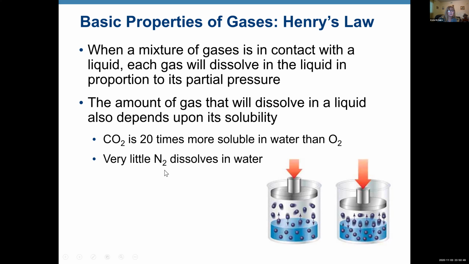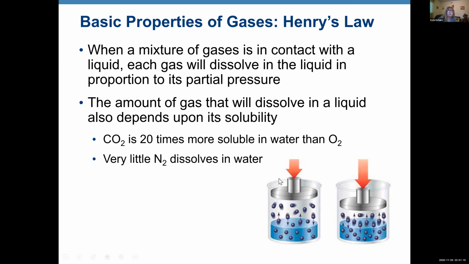And another thing we need to understand is that when a mixture of gases is in contact with liquid, each gas will dissolve in the liquid in proportion to its partial pressure. So if you have high partial pressure, then more gas will dissolve. And also the amount of gas that will dissolve in a liquid depends on its solubility.